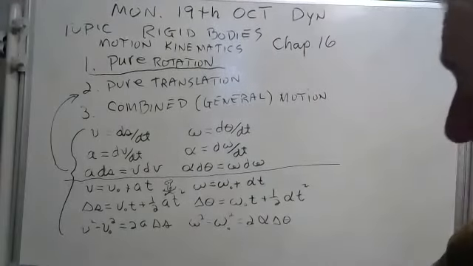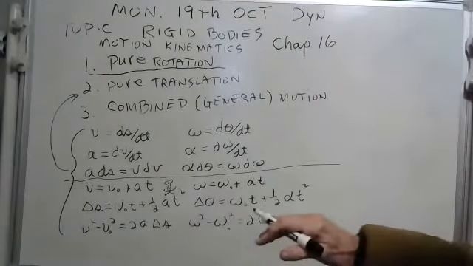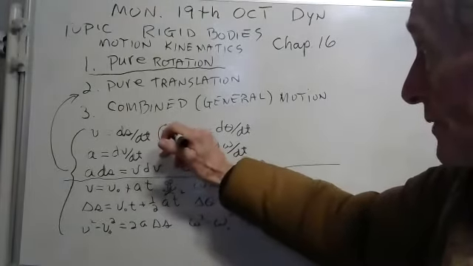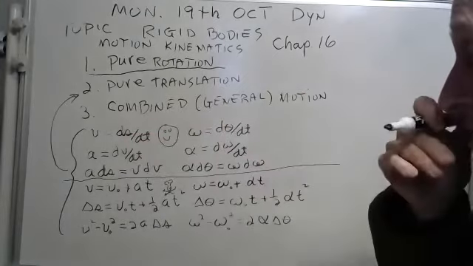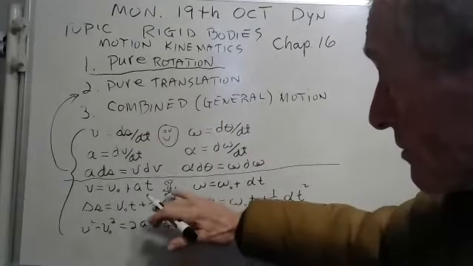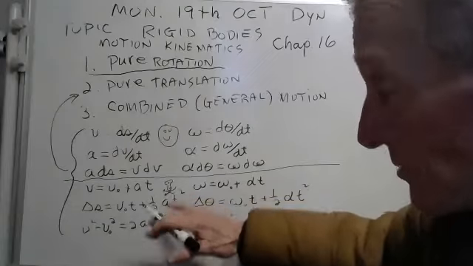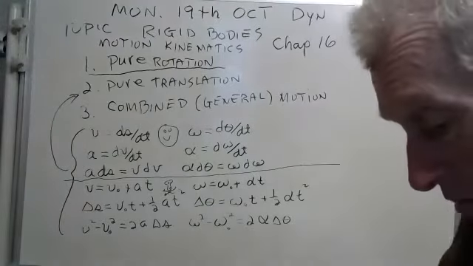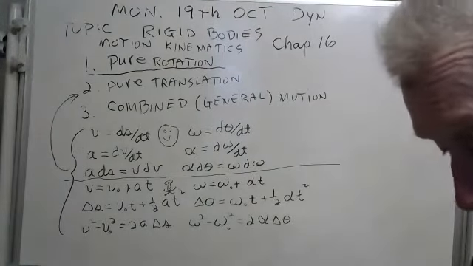And if you don't have constant acceleration, you can't use them. So here we can put a happy face on all of those equations, but on this one here, you don't have a happy face. You have a skull and crossbones. You got to be careful about using those. They don't always work.